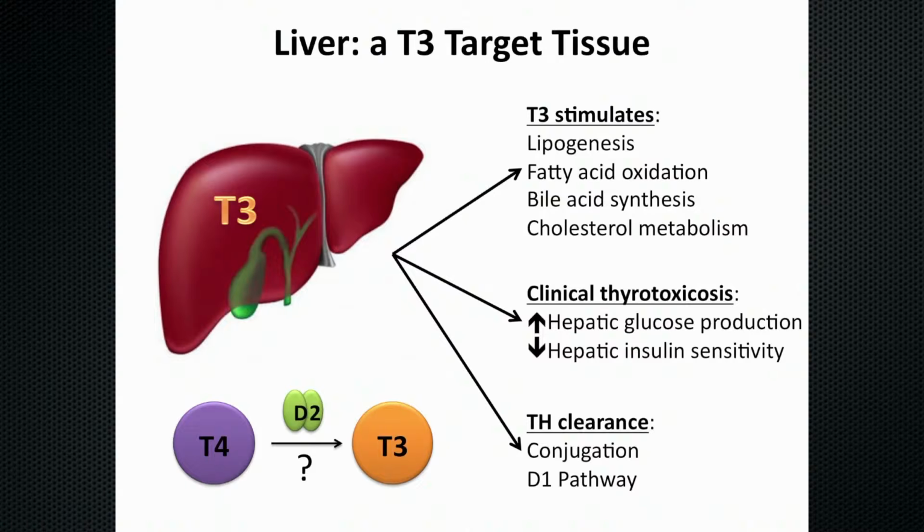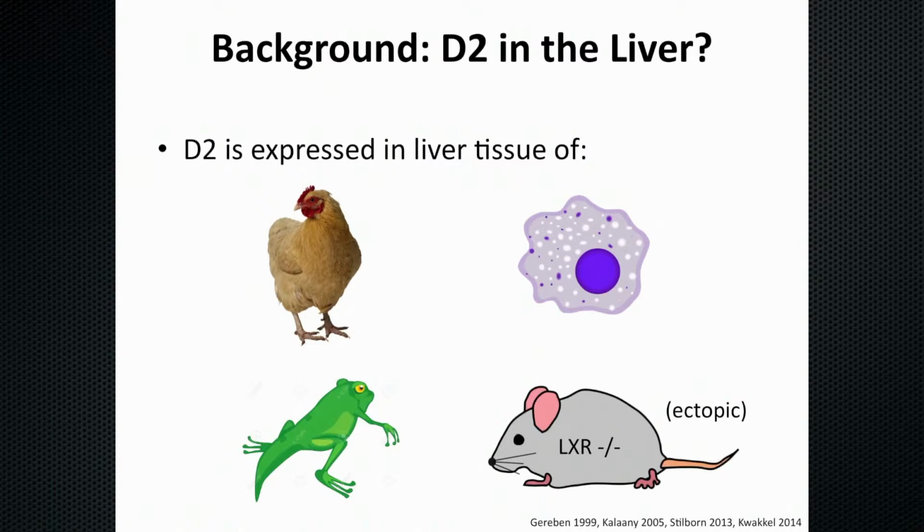So because the liver is an important T3 target organ, this has led many investigators to wonder whether there is a role for the type 2 deiodinase within the liver. This is the deiodinase that activates T4 and turns it into T3, which can then bind to the receptor and have impact. So what we know from a large range of studies is that there is D2 expressed in the liver of certain animals.